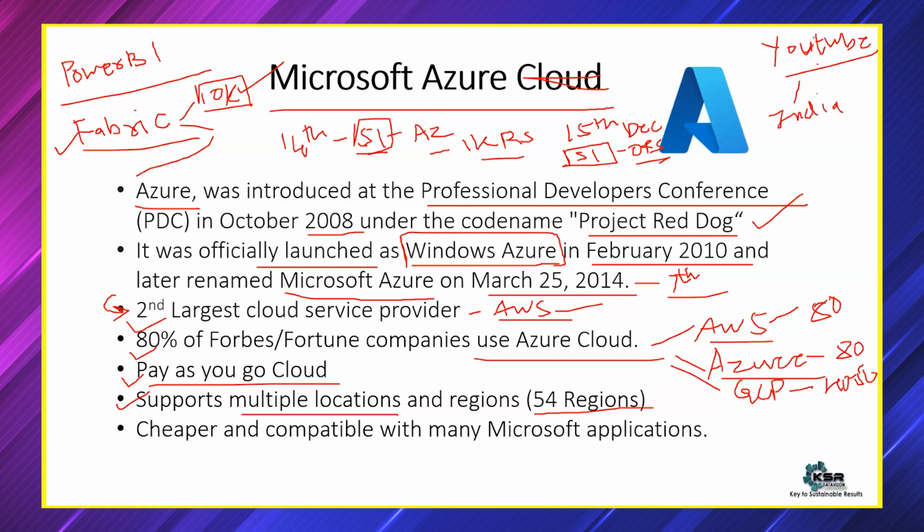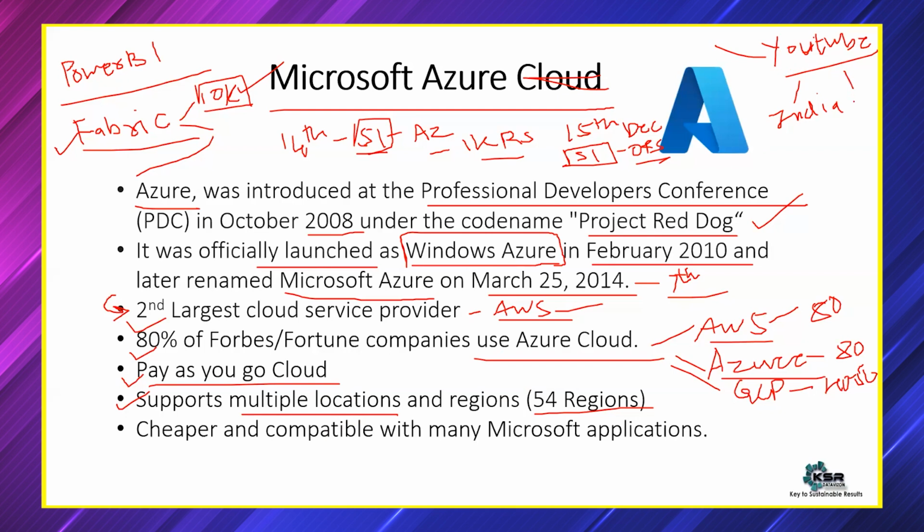If any user is trying to access YouTube from India, that YouTube information is present in the cloud near the Indian region. Every cloud has different regions. If YouTube is deployed in multiple locations, wherever you log in from, it will try to fetch the nearest location and get that data from there.